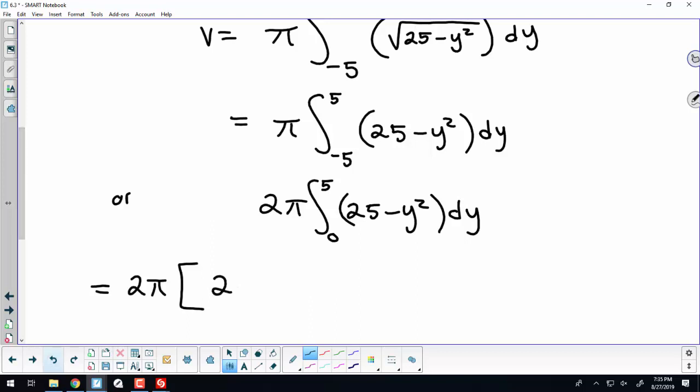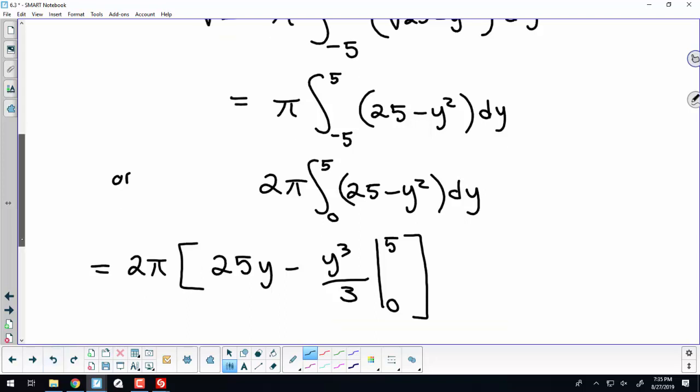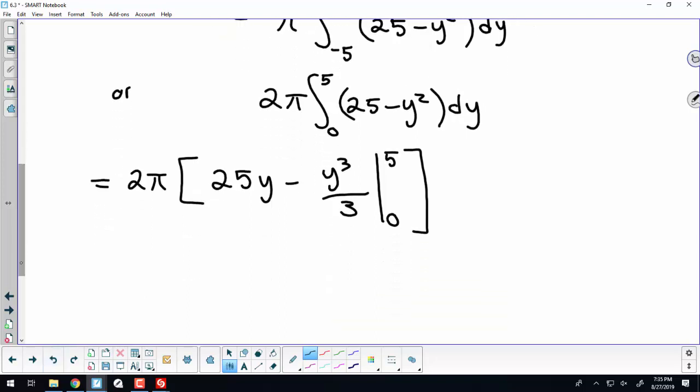We'll go ahead and finish writing this out for those of you I didn't get a chance to come back to. y cubed over 3 from 0 to 5. The nice thing about polynomials or other powers on x or y is that when we use symmetry, the 0 just cancels all of that out, decreasing our workload by half. So we get 2 pi times 25 times 5 is 125 minus 125 over 3.